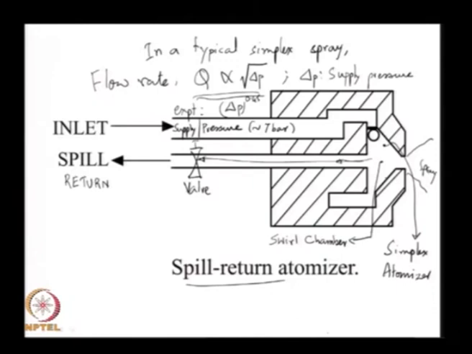So, actually as the valve is opened, the flow rate coming out of the swirl nozzle goes down, but since the angular momentum flux is higher than when the valve is completely closed, the drop size is lower. So, we will just write this down.